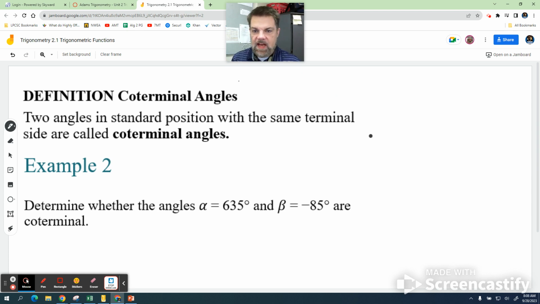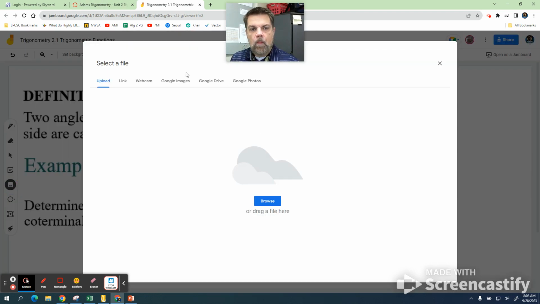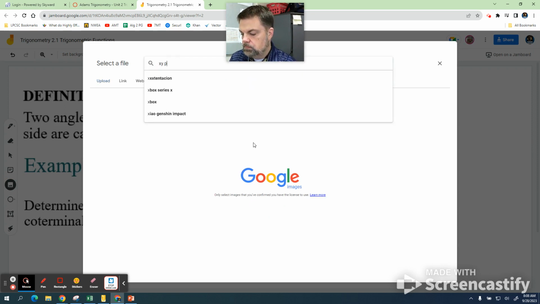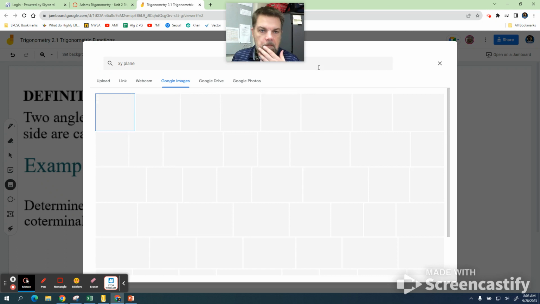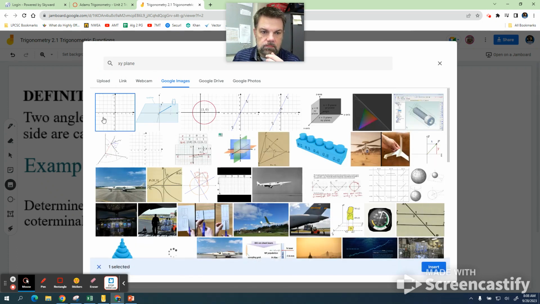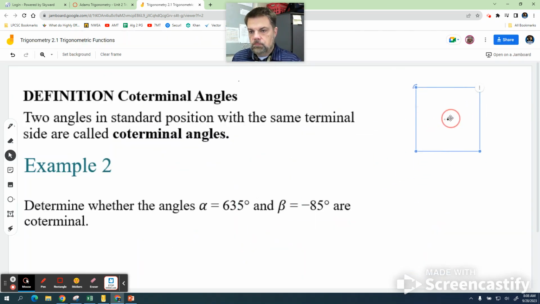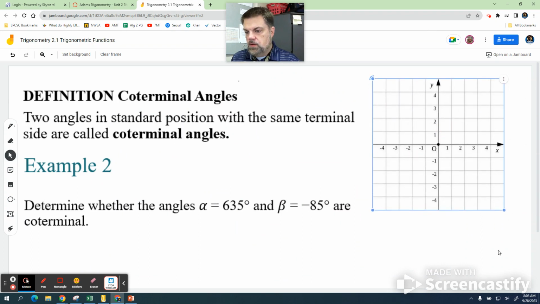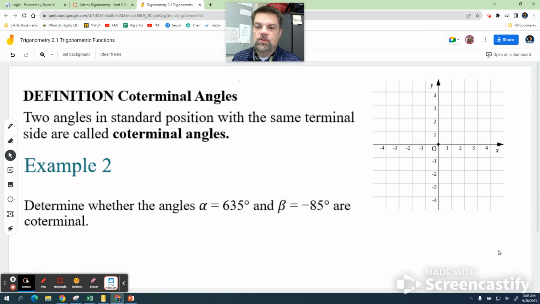So if I have, let me pull in an XY plane. So a coterminal angle, and we'll do example number 1.